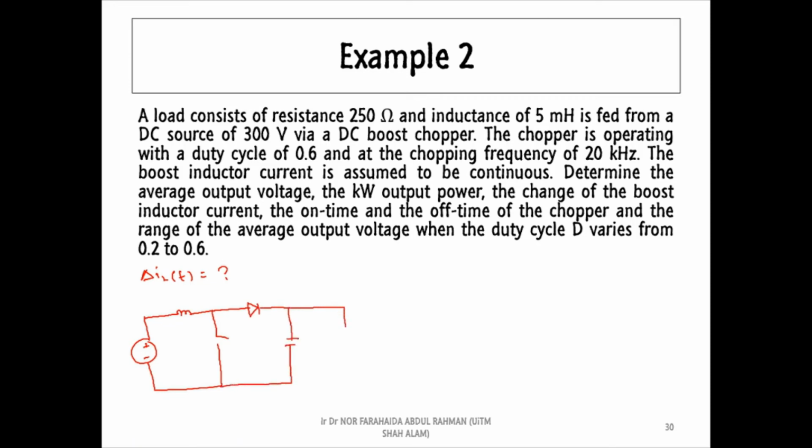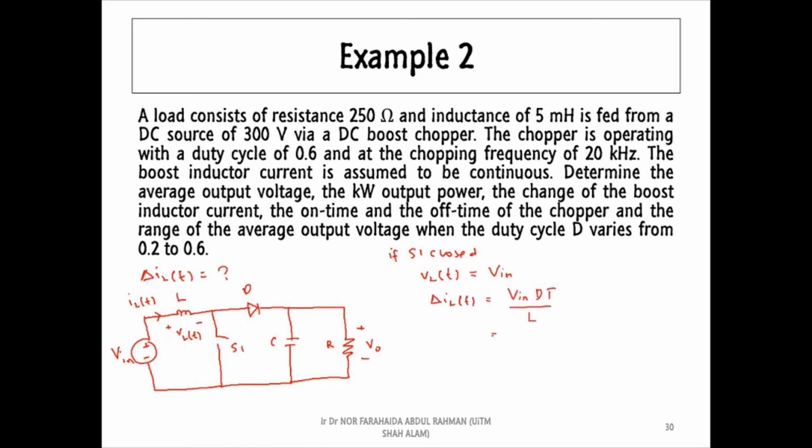But firstly, you need to sketch the circuit of the converter. For this example, I consider S1 closed, therefore I can have this voltage equation. And eventually I can calculate the change of inductor current or the ripple current of the boost converter.